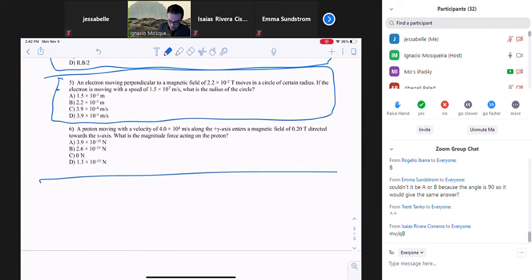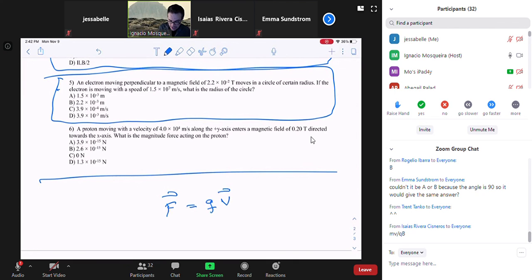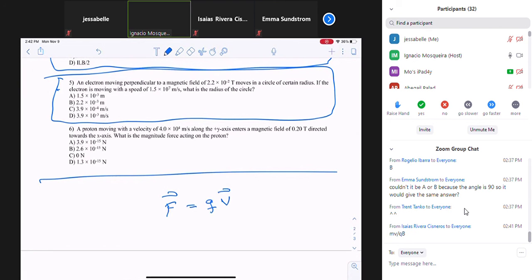What we did is we have a force on the charge, which goes like the velocity cross B. There's a sine there, of course, but the sine is just one because they're perpendicular to each other.